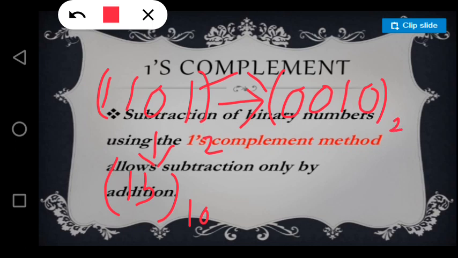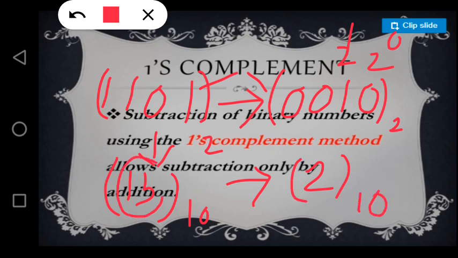Here of course it is base 2. Now when I convert this 1011 into its complement form, I get another binary number, 0100, and we can easily identify it: it is nothing but 4 base 10.